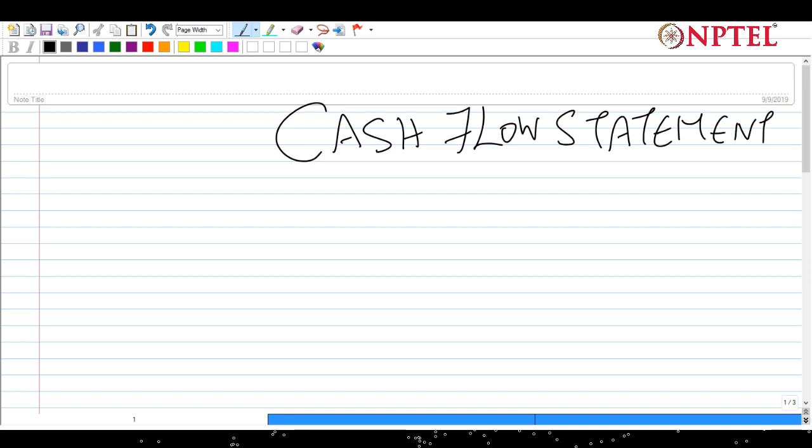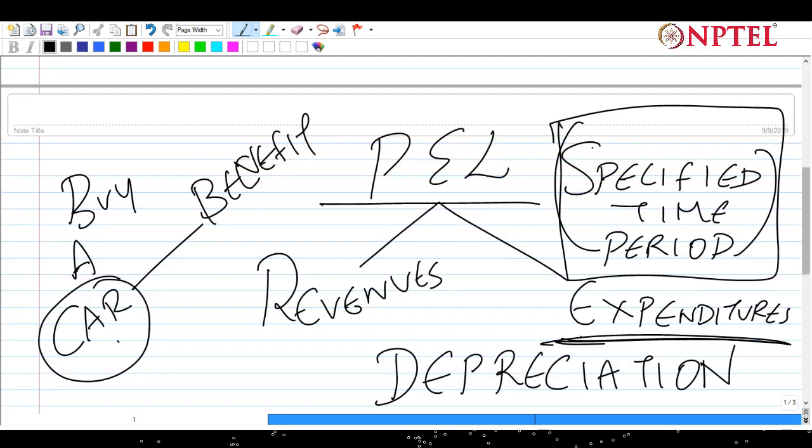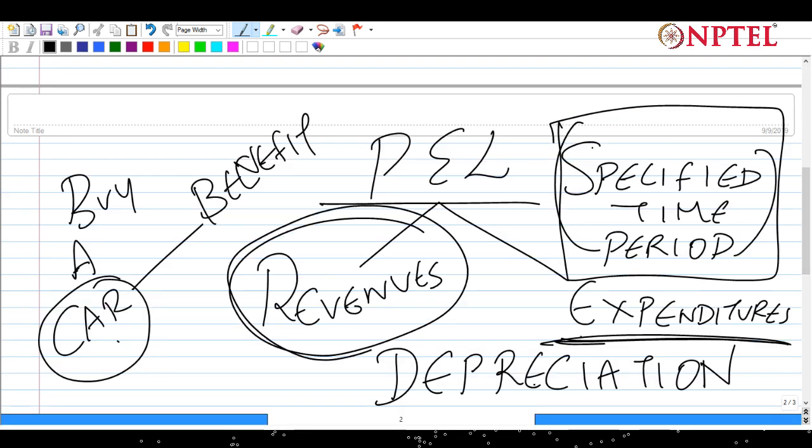When we talk about the cash flow statement, we look at the cash flows under three broad heads. Please note, as we discussed earlier, revenues do not mean cash flows at all.